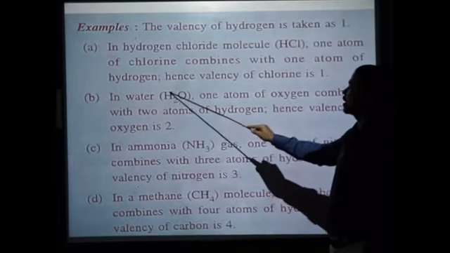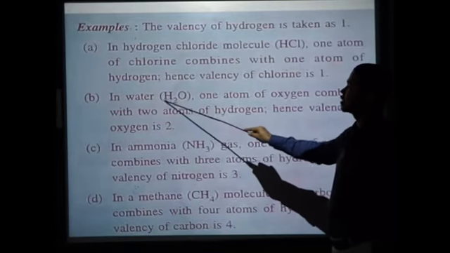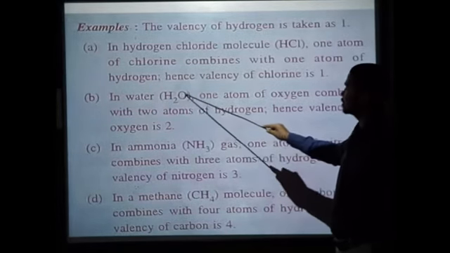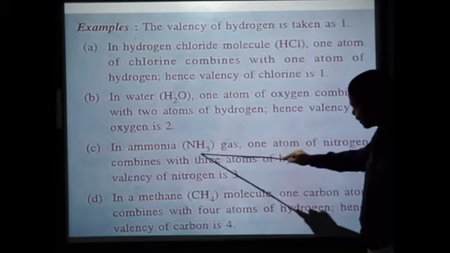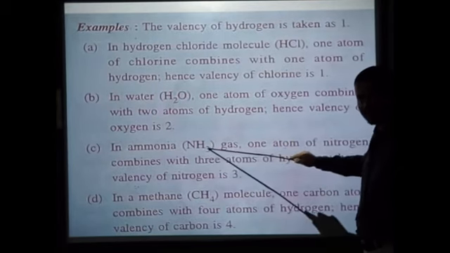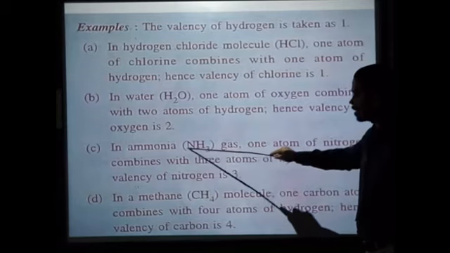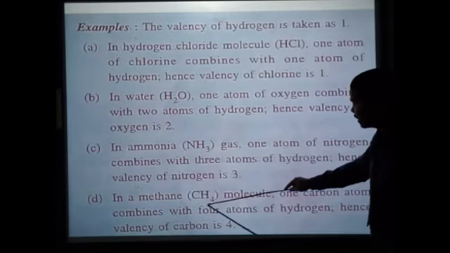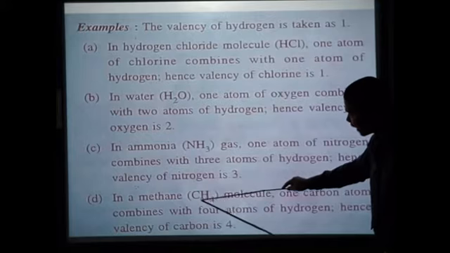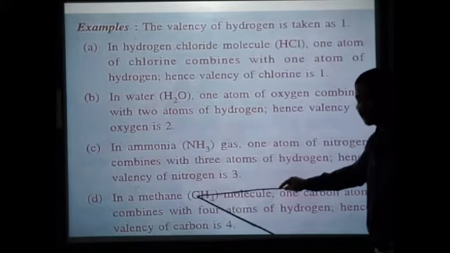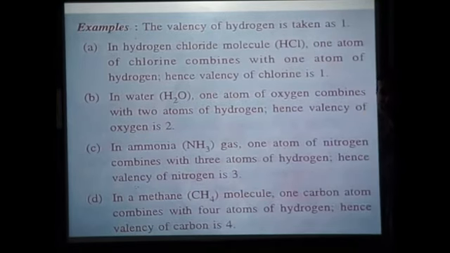In water, how many hydrogens are there? 2. That means valency of oxygen is 2. In ammonia, how many hydrogens are combined with nitrogen? 3. So valency of nitrogen is 3. In methane, how many hydrogens are combined with carbon? 4. So valency of carbon is 4.